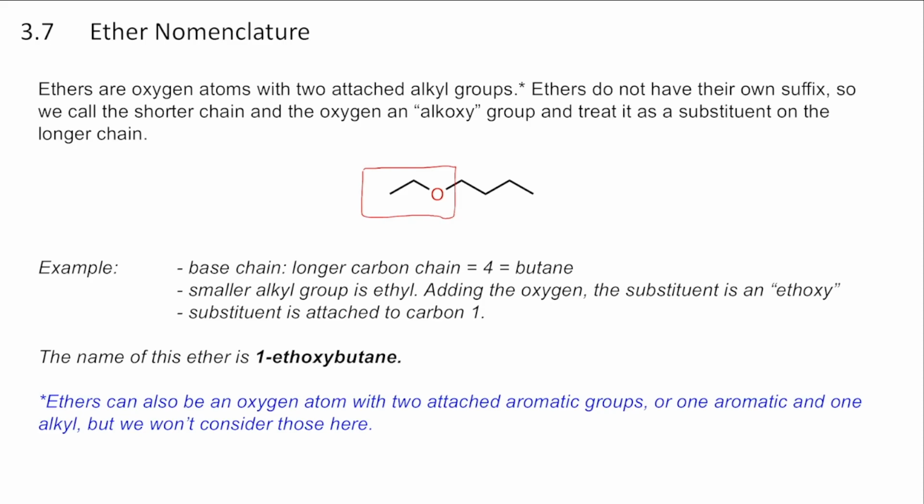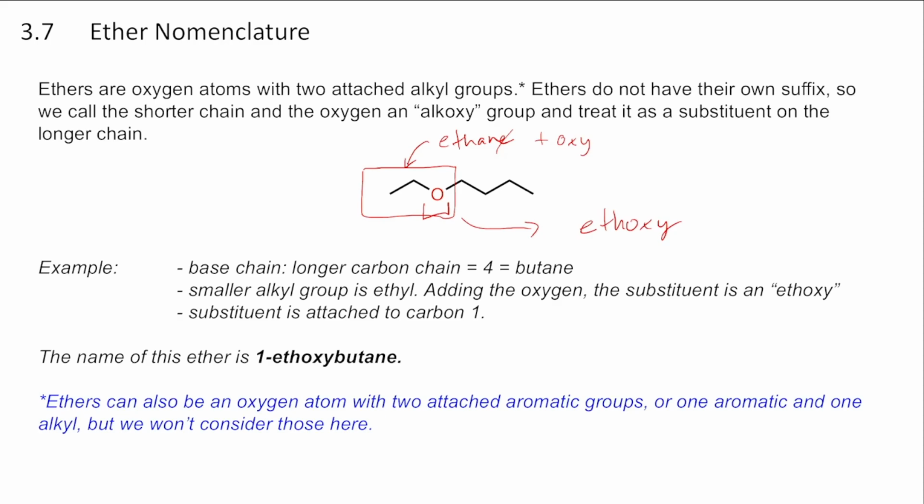So in this example, we're going to take the shorter chain, which is 2 carbons, which would be ethane. We're going to drop the E and add oxy to indicate the presence of the oxygen attached to that chain. And we're going to call that whole piece that's in the box an ethoxy group.